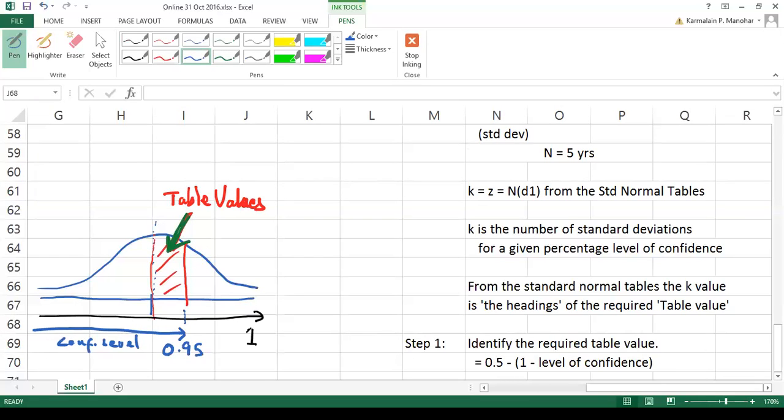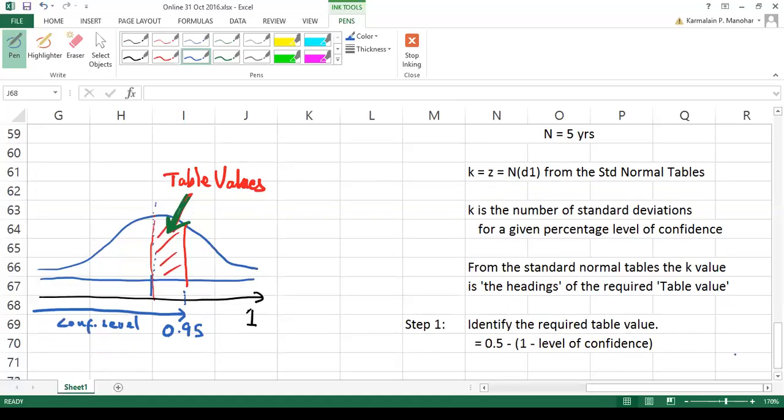So to get to the number, which I'm calling the required table value, instead of doing that longer working of 0.5 minus 1 minus the level of confidence, I could also now switch that to say simply 1 minus the confidence level.